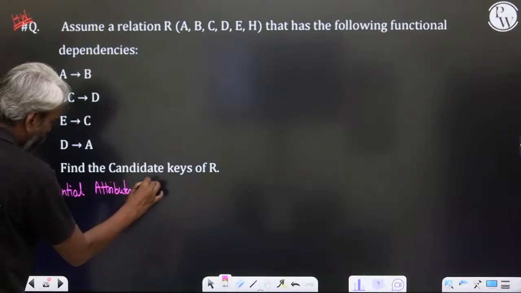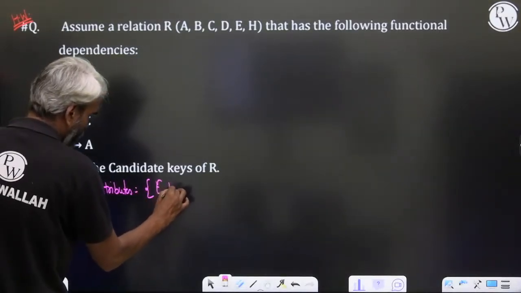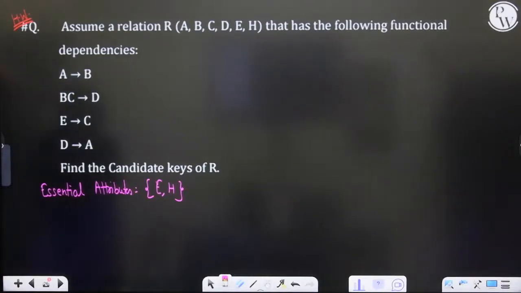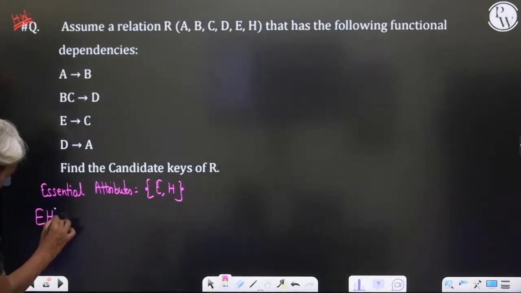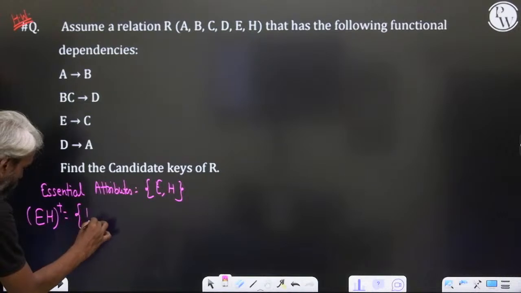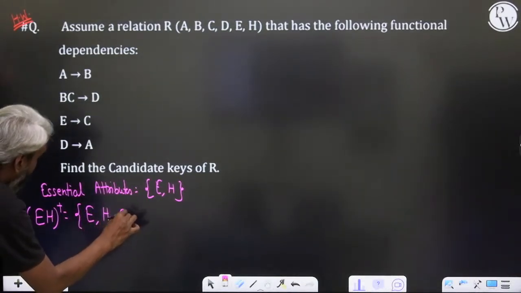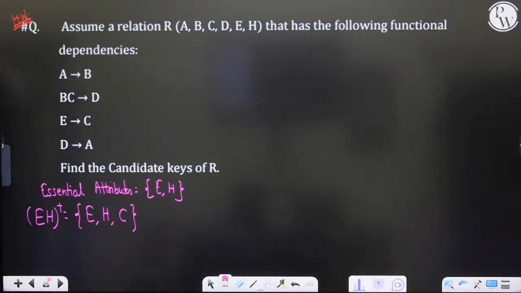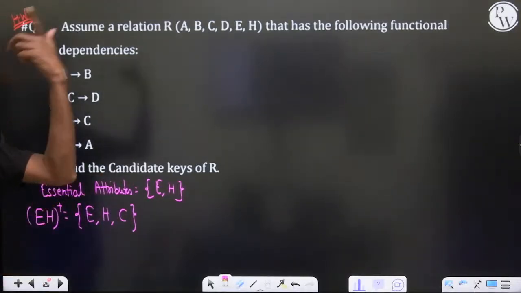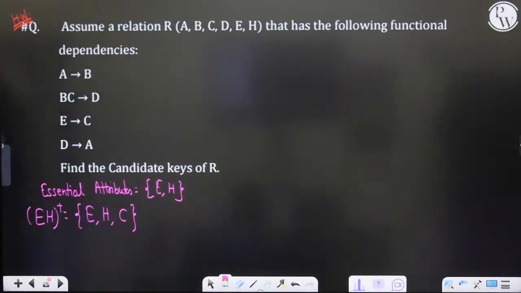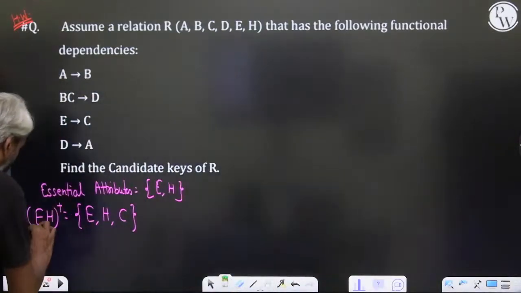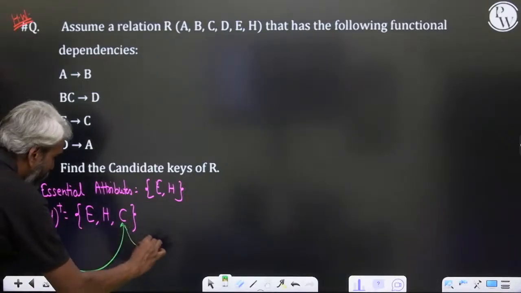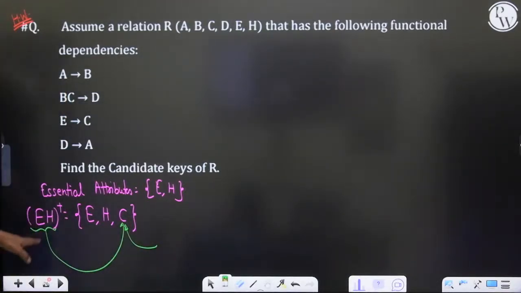The only attributes that are not present in the right-hand side of any FD are E and H. One more important thing: what is the EH closure? EH closure will be E, and E can determine C. Now my question is, if it is guaranteed that E and H are present in every candidate key, do you ever need C in any minimal super key?